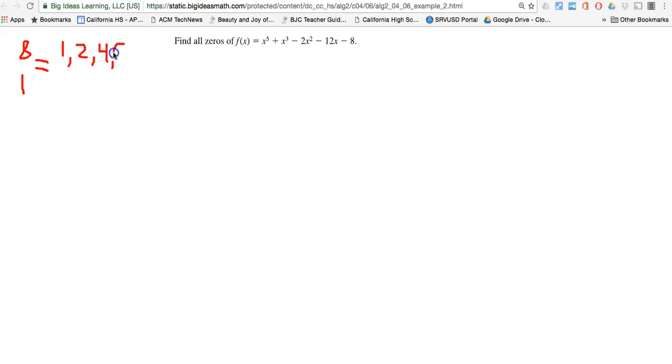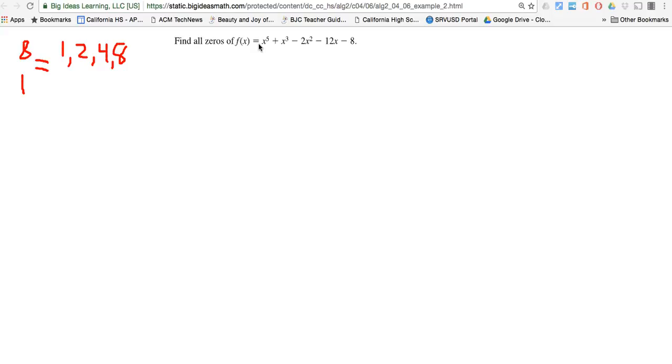Okay, the first step is find all the possible factors of our constant. The next step is to look at our largest degree coefficient. So our largest degree term here is x to the 5th, and its coefficient is 1. Okay, so let's examine a little deeper what this rational root theorem tells us.